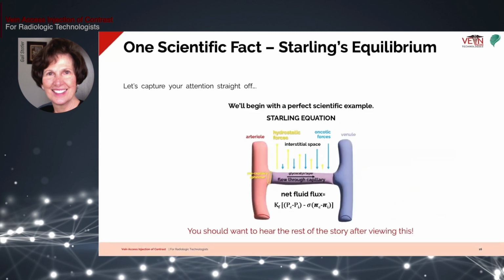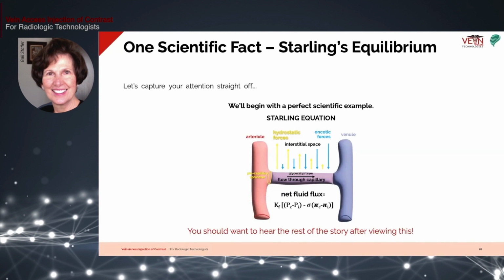So the very first thing that I want to talk about, so I can capture your attention, hopefully, is Starling's equilibrium. Ernest Starling was a physiologist, and this was back in 1896.